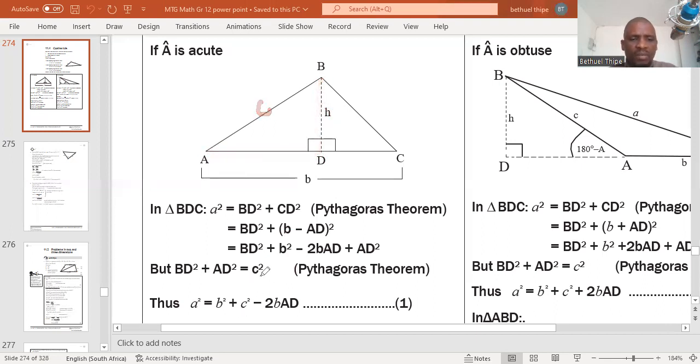In this triangle, I'm going to apply Pythagoras theorem. Pythagoras theorem states that the square of the hypotenuse is the sum of the squares of the adjacent sides. Indeed, here we have AD squared plus BD squared. So the sum of the squares of these adjacent sides is equal to C squared. And that is our Pythagoras theorem.